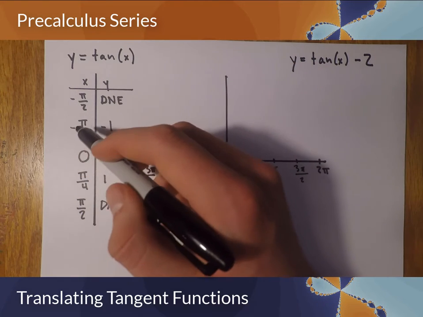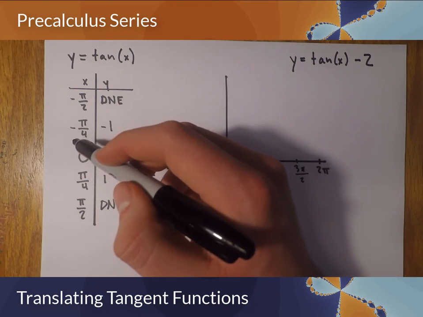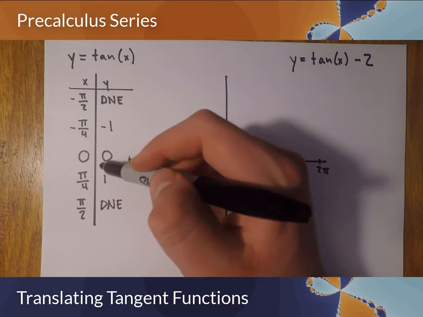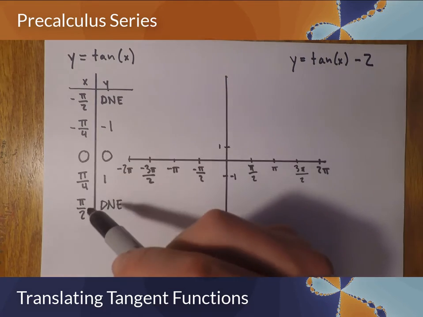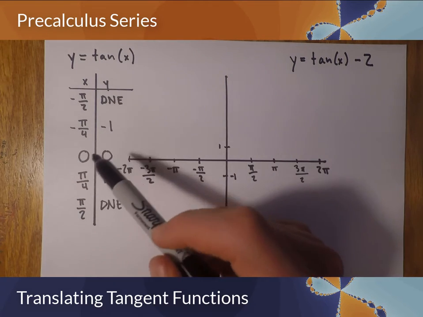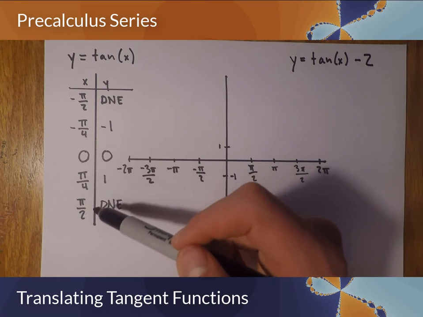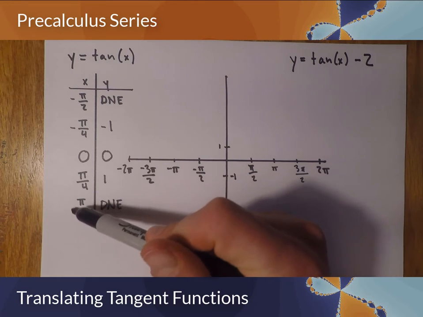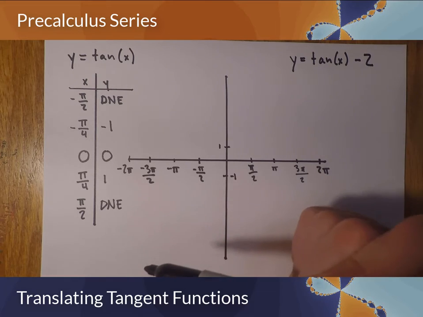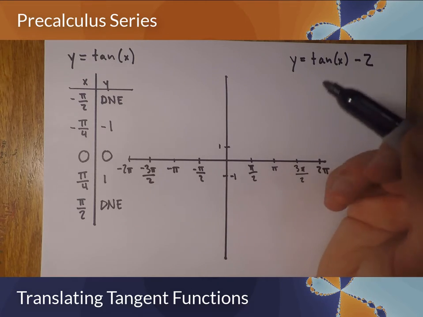When x is equal to negative pi over 4, it's equal to negative 1. When it's 0, it equals 0. At pi over 4 it equals 1, and at pi over 2 it does not exist.